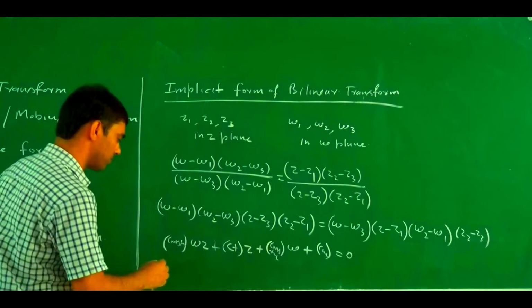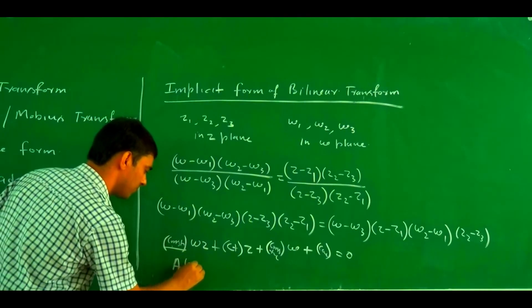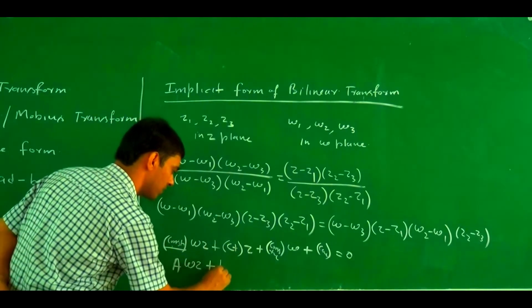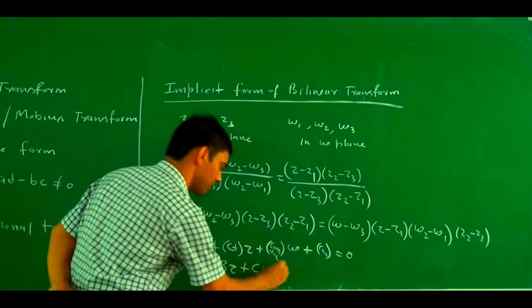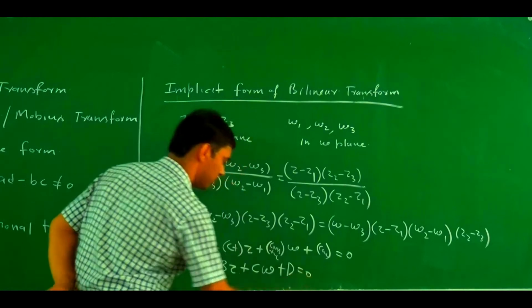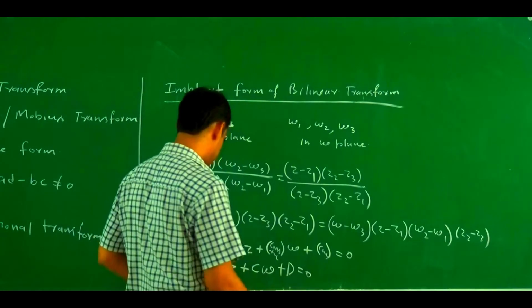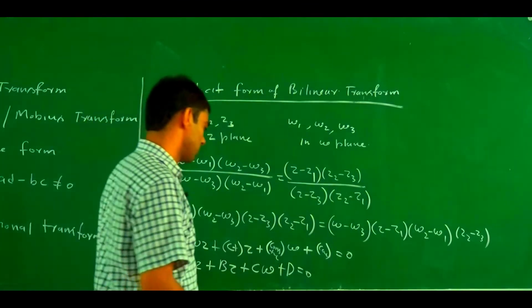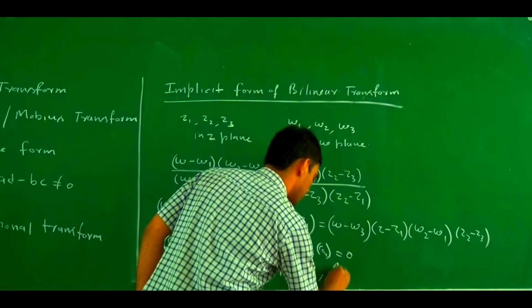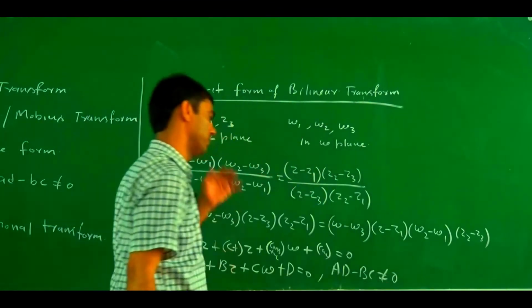If you closely observe, this is AWZ plus BZ plus CW plus D equal to 0, provided these constants satisfy the condition AD minus BC does not equal 0.